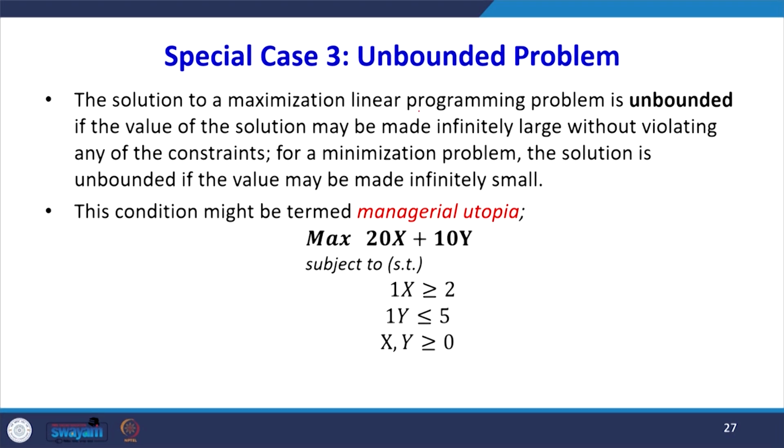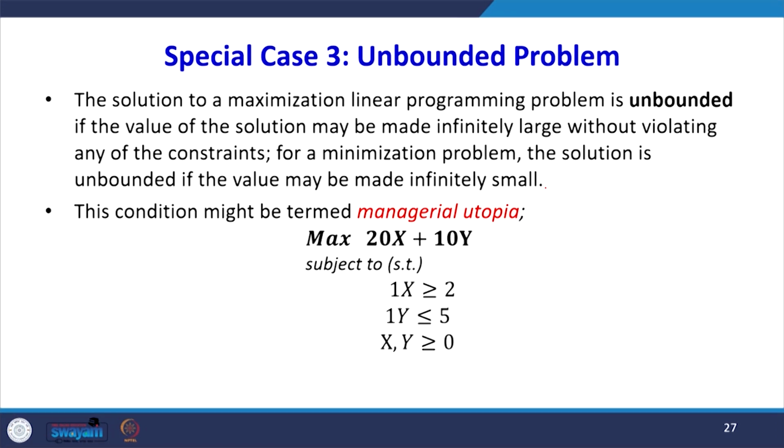For a minimization problem, the solution is unbounded if the value may be made infinitely small. For a maximization problem, it is not bounded by the constraints. But for the minimization problem, if the value is infinitely small, then you will encounter an unbounded problem.